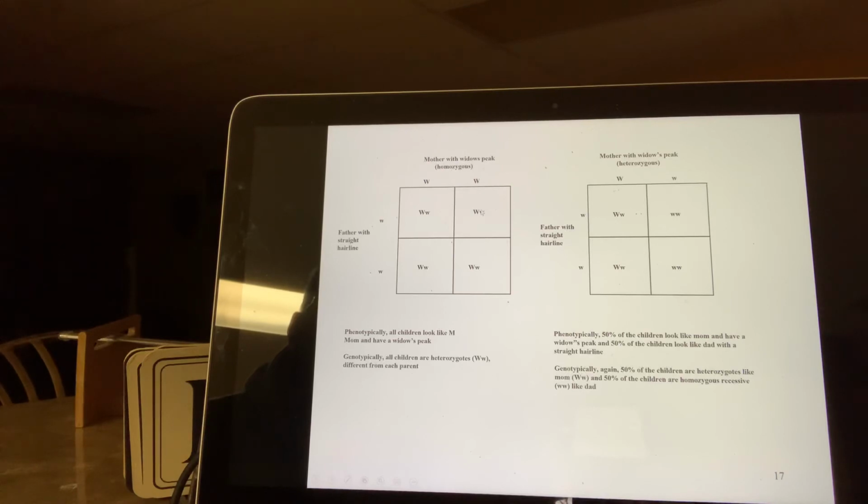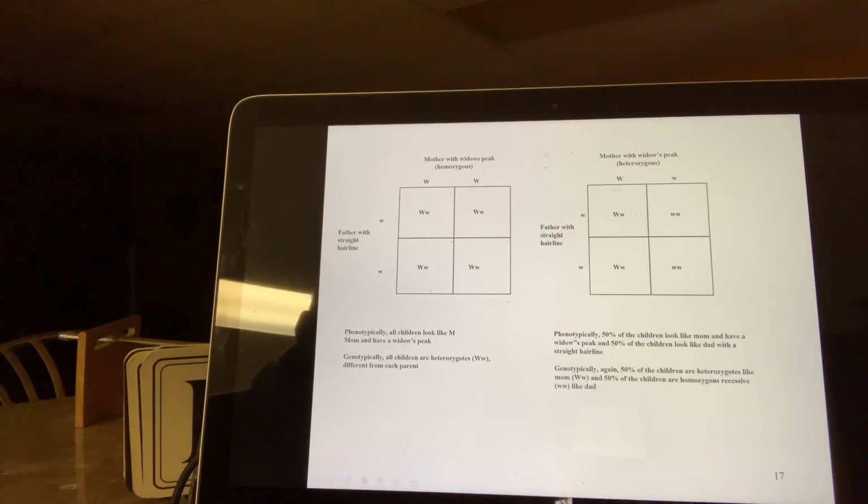They're all going to be big W, little w, which means they are all going to look like their mother. They're all going to have a widow's peak. None of them will look like their father, but genotypically, they will be different than both their mother and their father because they will all be heterozygotes. Does that make sense?